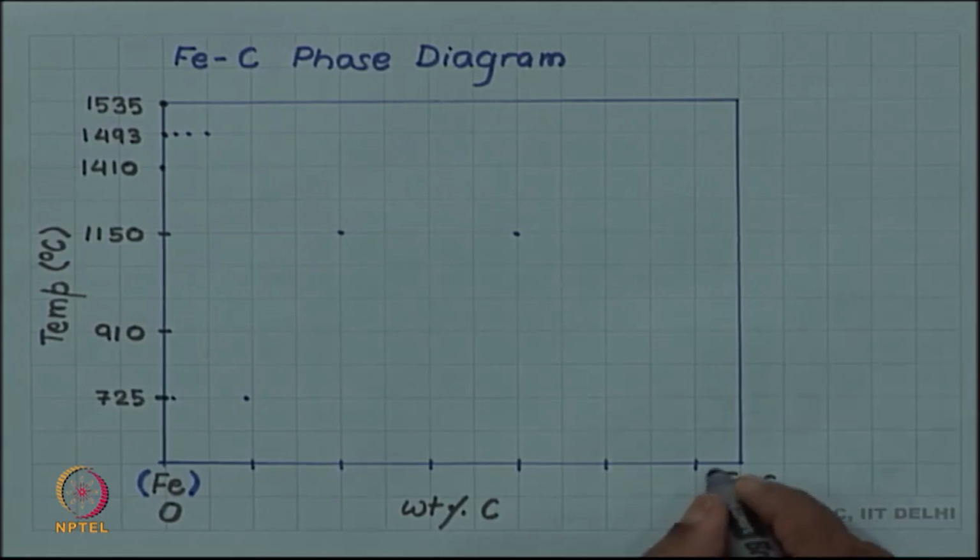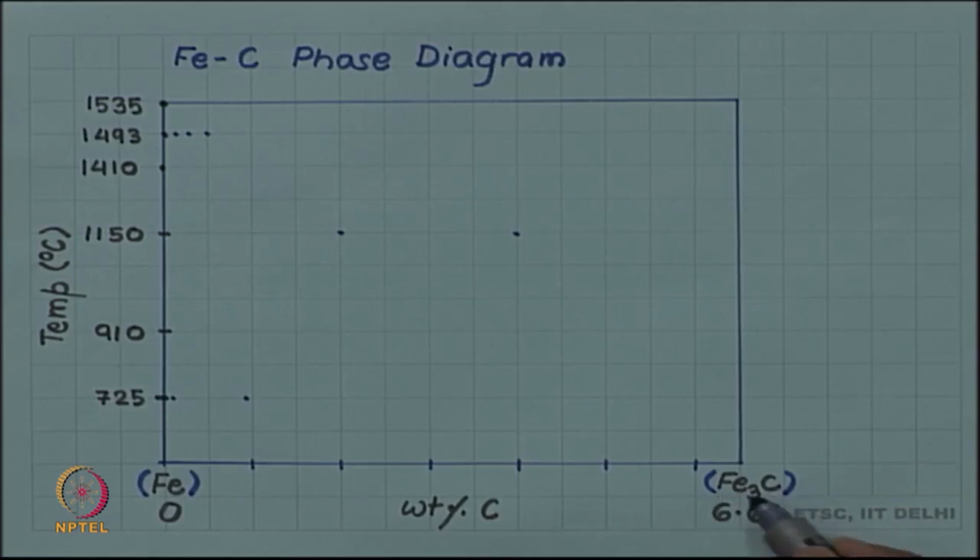All traditional iron carbon phase diagrams stop at Fe3C, which is an intermetallic compound, and its weight percentage is 6.67. If you think of its atom percent, you can see there is 1 carbon atom out of 4 atoms.